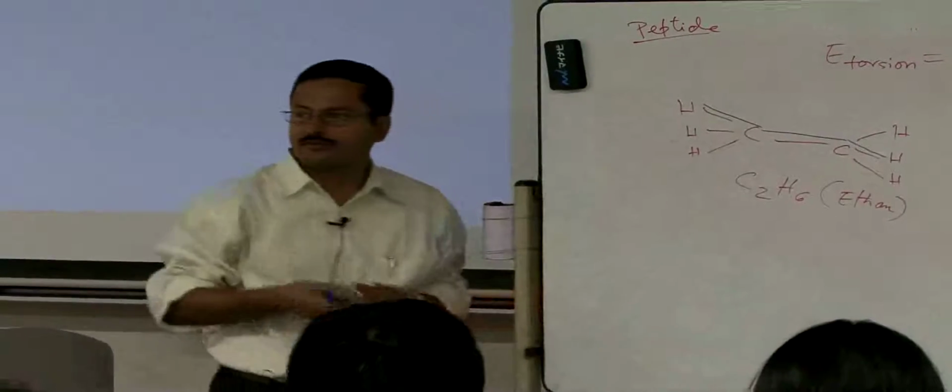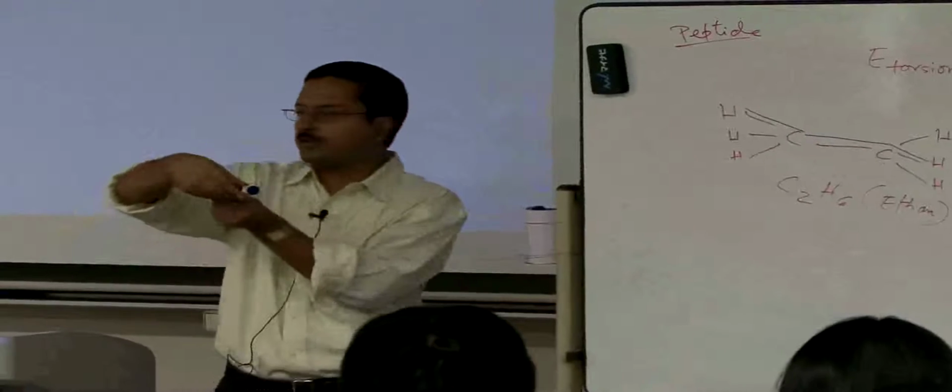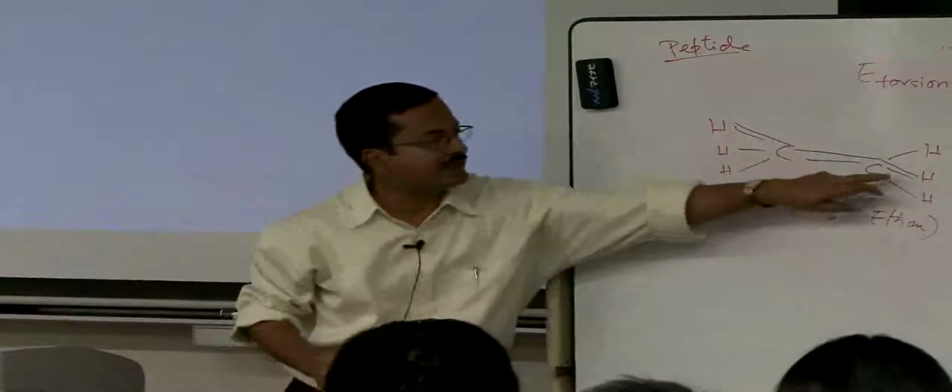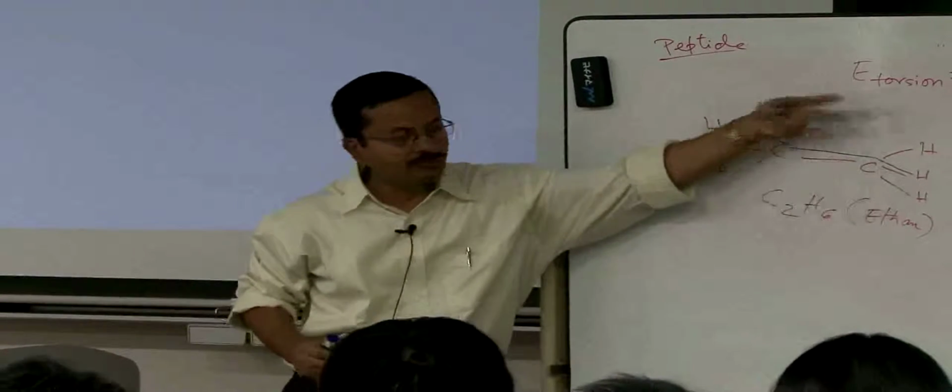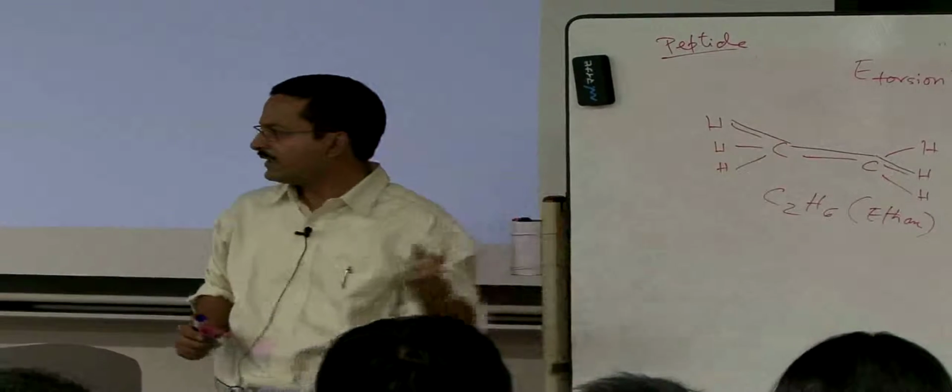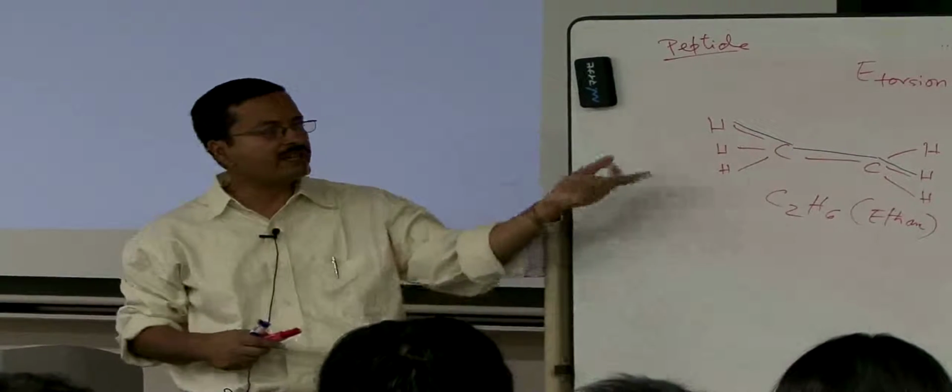But you can change this angle if you rotate this bond. I do not have a model, but it is something like this, C-C, and you can rotate it. If you rotate, your hydrogens will change. This hydrogen was here, it will just move. You understand this one? Yeah. So, which will change your torsion angle.